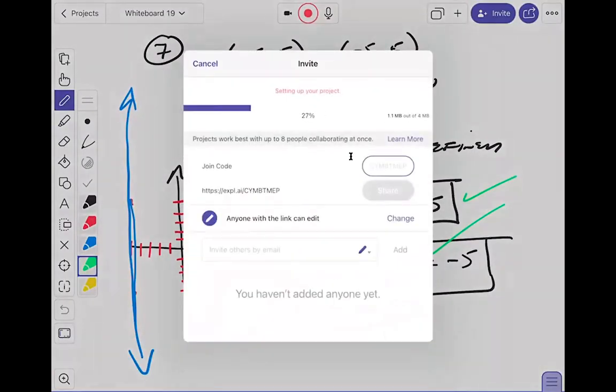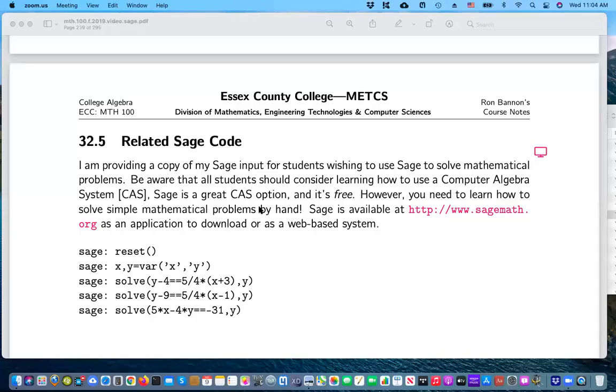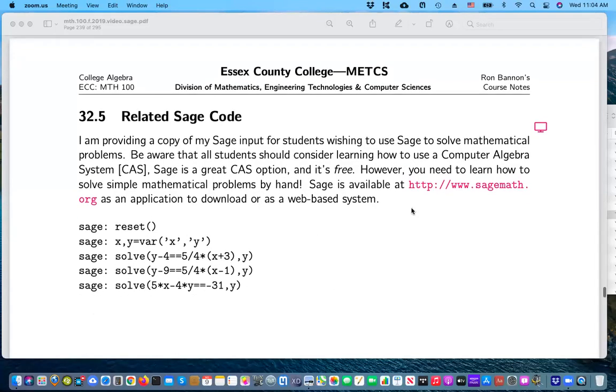I just want to briefly go to that material in the notes here. Let me do another share. And I realize a lot of students are sick and tired of looking at the SAGE stuff. Again, we're trying to get your feet wet.